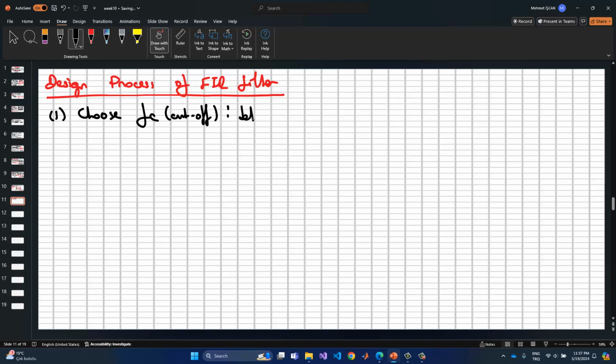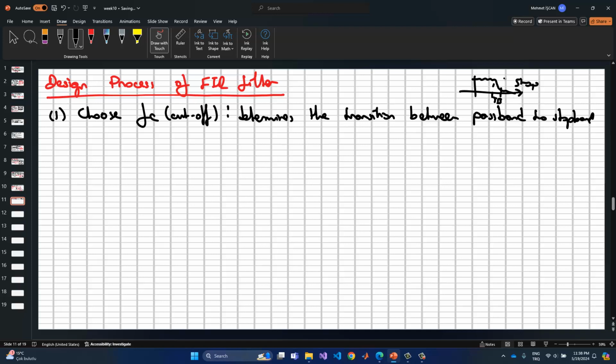It determines the transition regions. Just remember the Bode plots, guys, between the pass band and the stop band, right? Just see that this is the Bode plot, and so we have the filter in here just like this one. This is the transition band. Okay, so this is the flat region, and the other one is the stop band. This is the pass band.